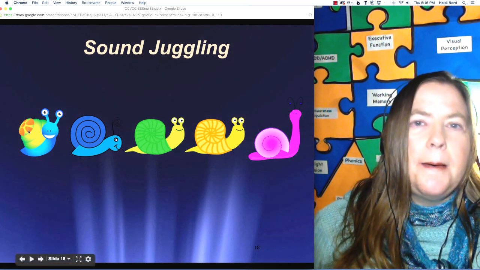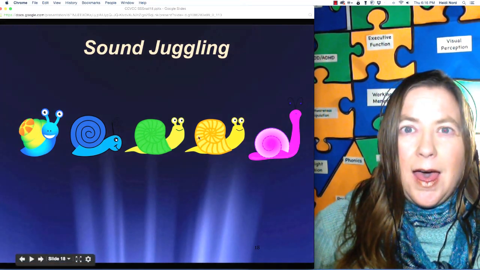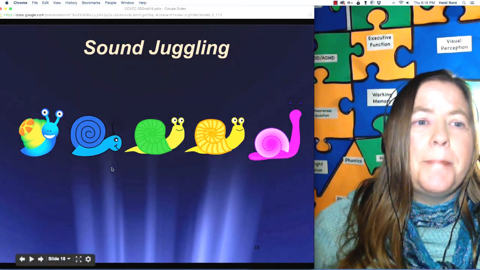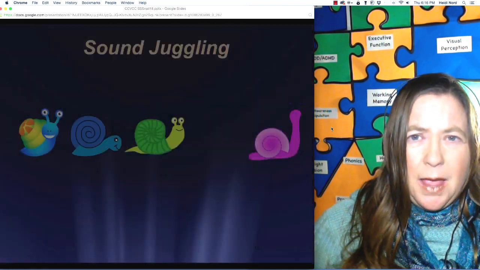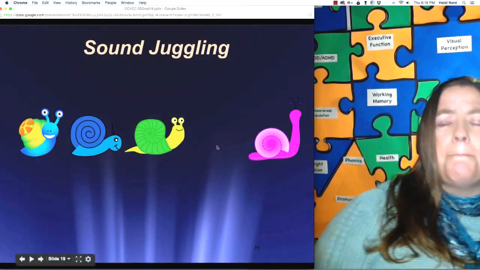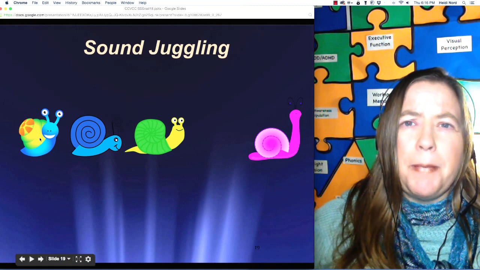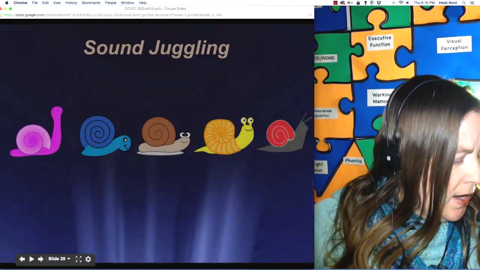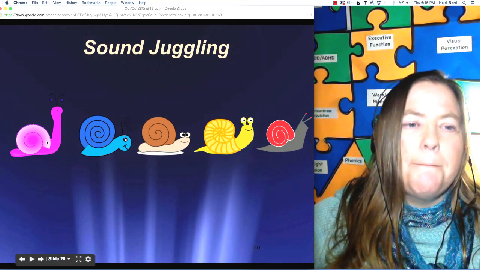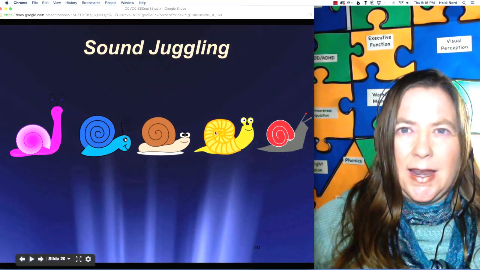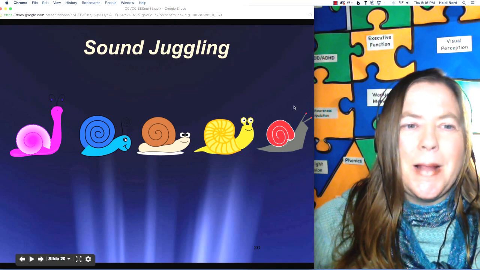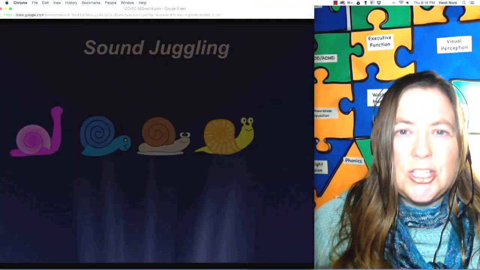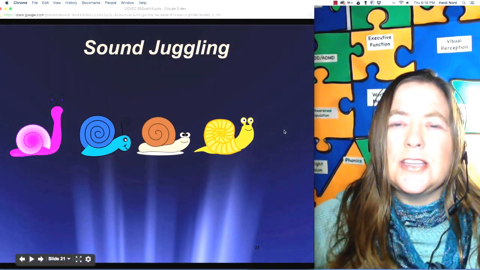Here is plump. In plump, what happens if I take off the m? You're left with plup. Here is plunge. In plunge, what if I take off the j?